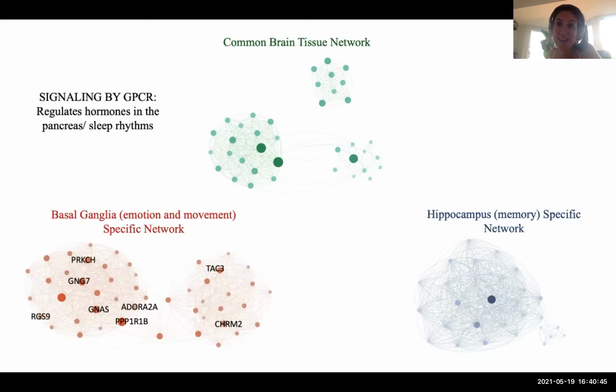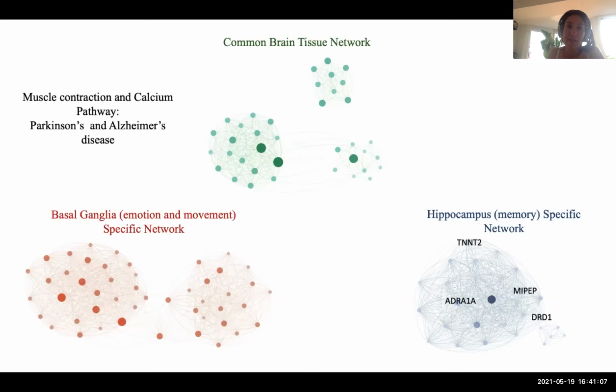The basal ganglia is enriched in signaling by GPCR, and this pathway regulates many different activities in our body, from regulating hormones in the pancreas to regulating sleep rhythms. The hippocampus instead is enriched in muscle contraction and calcium pathway, and this is one pathway related to Parkinson's and Alzheimer's disease.